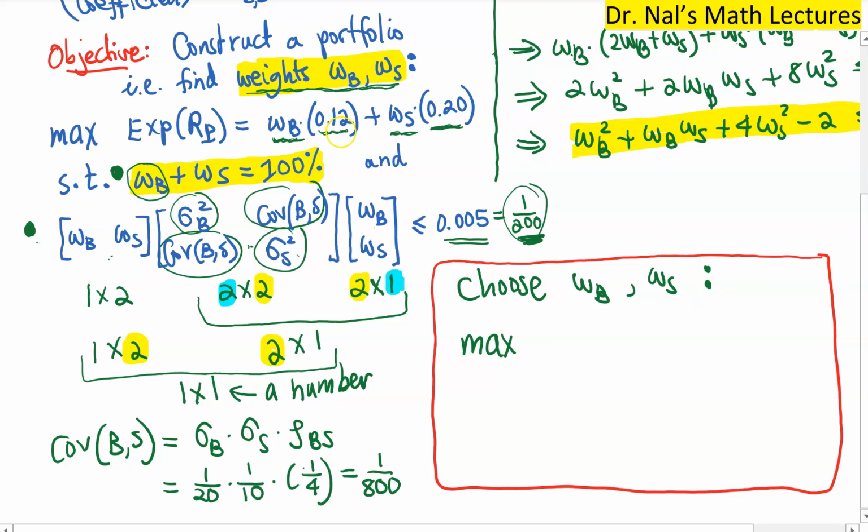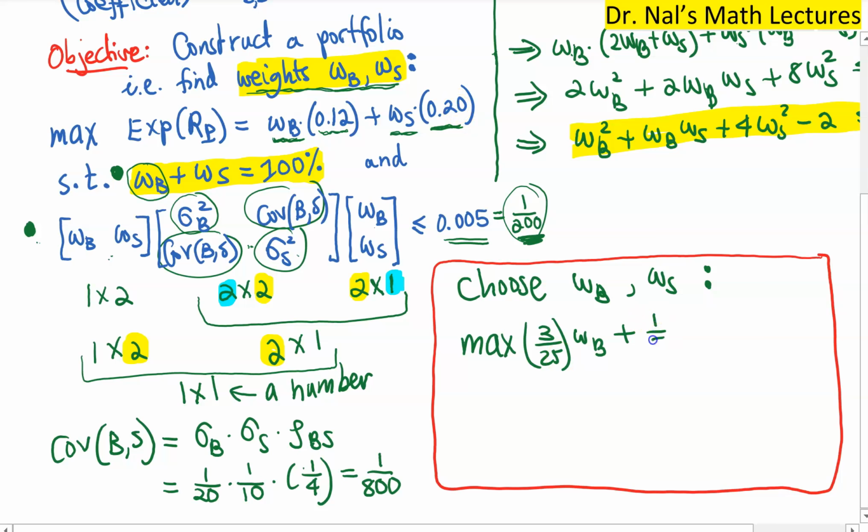0.12 is basically 12 over 100, and I can simplify both 12 and 100 by 4, so it ends up being 3 over 25. So that's just 3 over 25 WB plus 0.20, which is 1 over 5, right? I can write it as 5 over 25, it's the same thing.